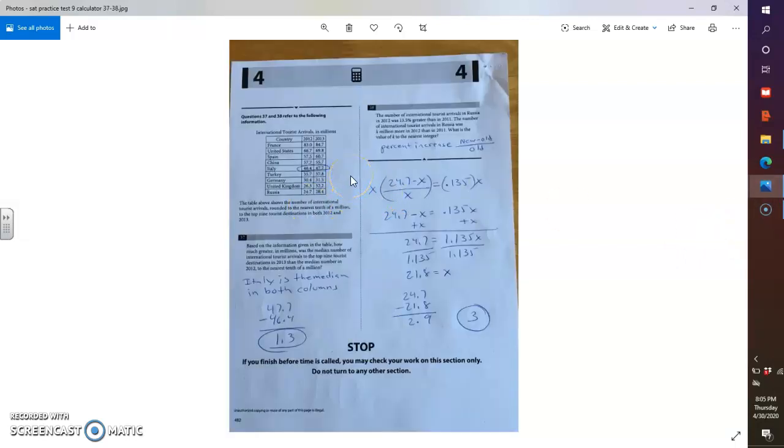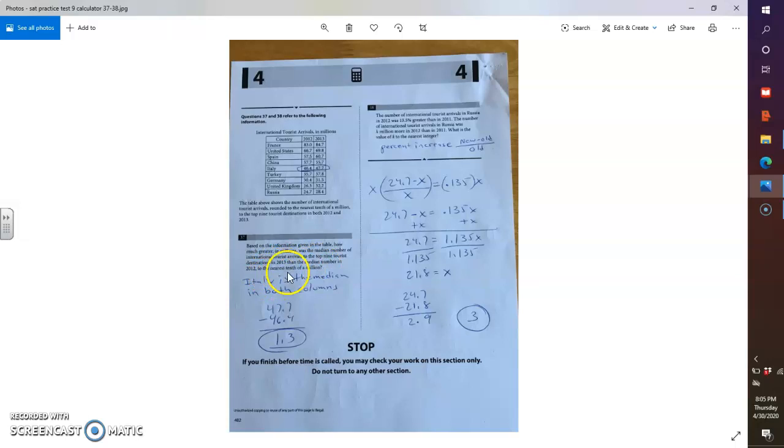Last two, we need to realize here that from this chart, or this table right here, I guess you could say, based on the information given in the table, how much greater in millions was the median number of international tourist arrivals to the top 9 tourist destinations in 2013 compared to in 2012.